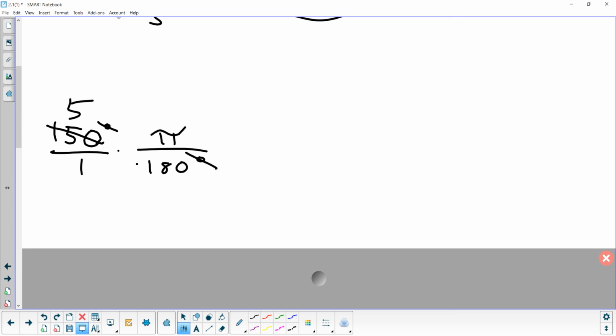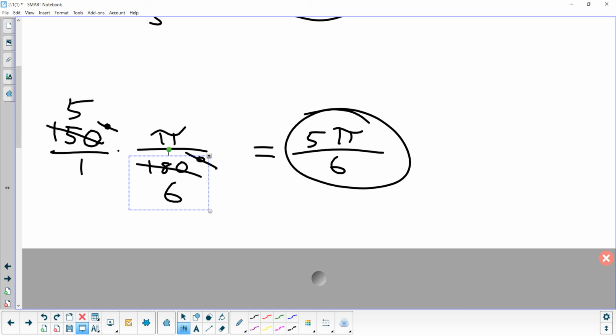Good. And how many times does 30 go into 180? 6. And that's pretty much your final answer. 5 times pi divided by 6. Any question on that?